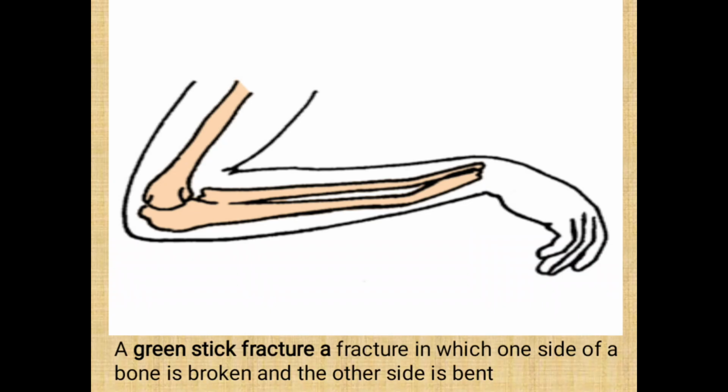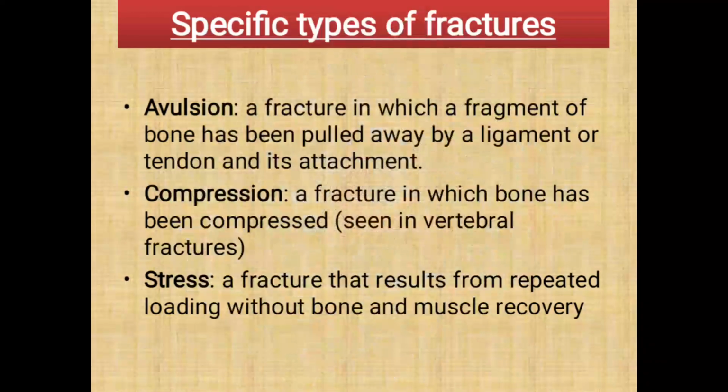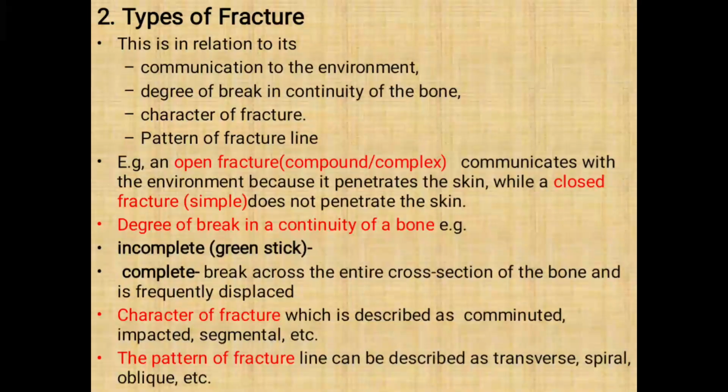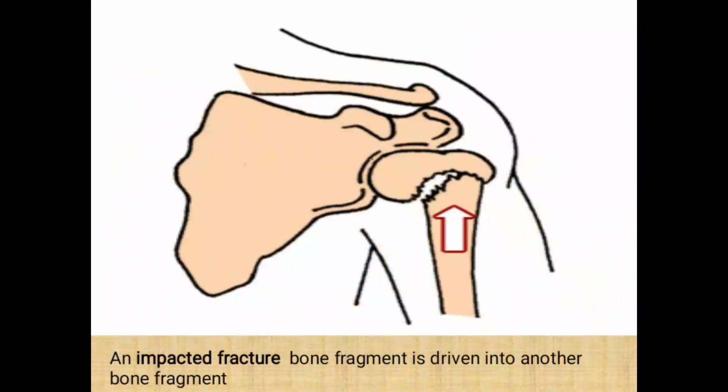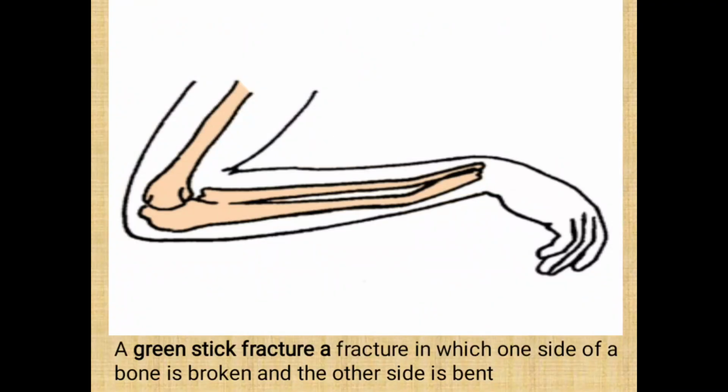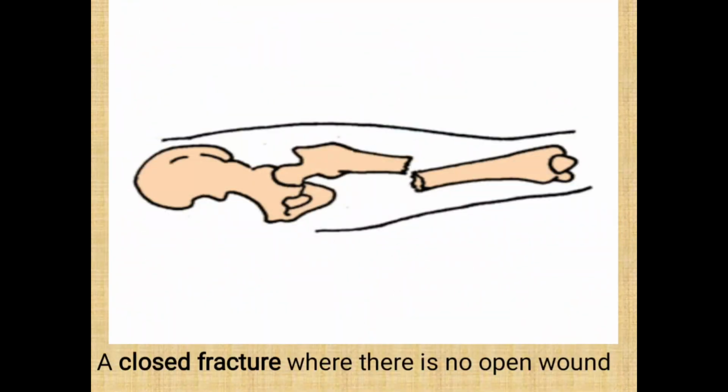Green stick, we said, is an incomplete fracture. A green stick fracture is a fracture in which one side of a bone is broken and the other side is bent. It's an incomplete fracture. That's green stick.